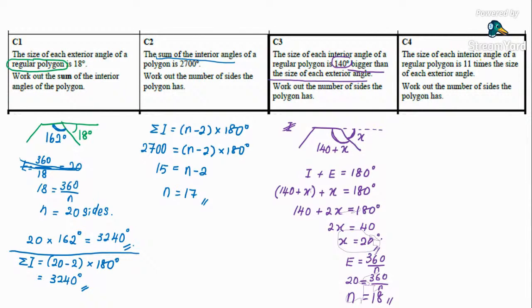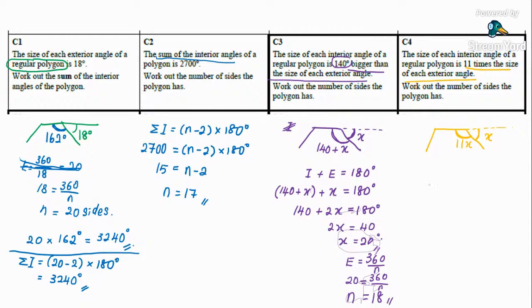Now the size of the interior angle is 11 times the size of each exterior angle. So we are still using a dummy polygon. I do not know the value for the exterior angle, but the interior angle is 11 times the exterior angle. When you see the word times, you know this is multiplication. So this is 11x.